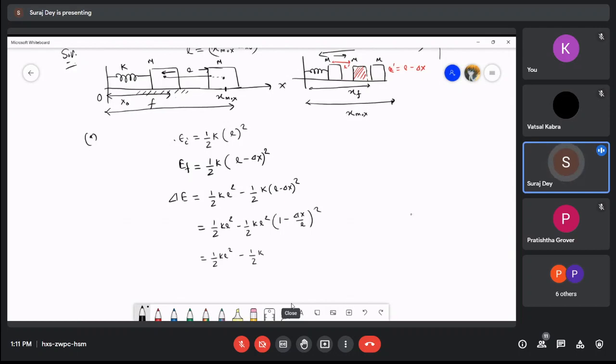What I've done is I've taken this L outside this square factor. So then I have 1 minus delta x by L, and I can take the whole square and write it as follows.